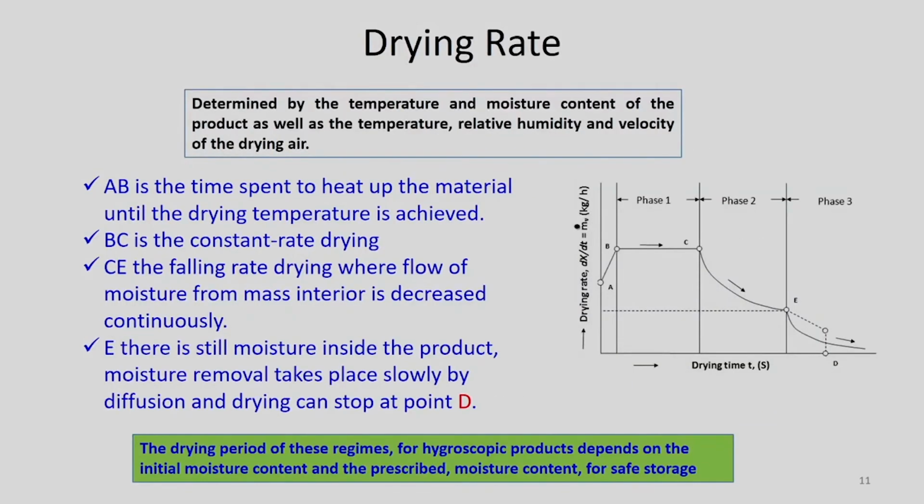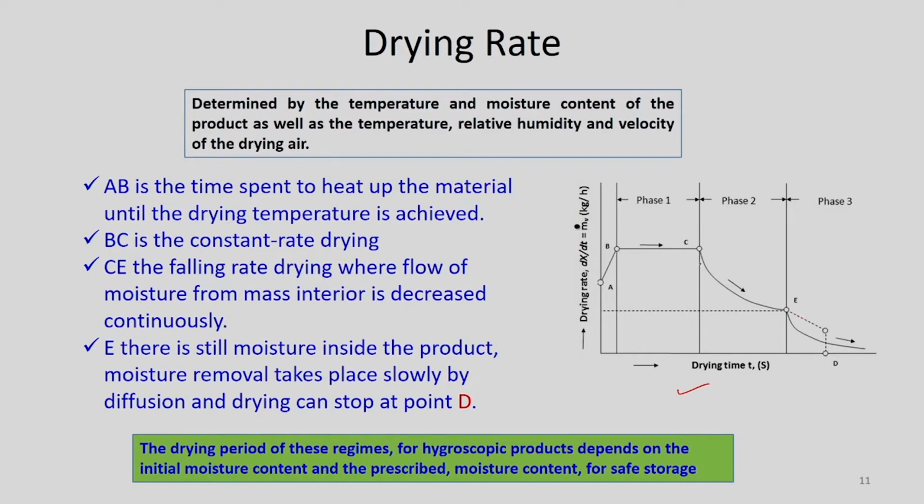Now, let us discuss drying rate, which is very important and is determined by the temperature and moisture content of the product, as well as the temperature, relative humidity and velocity of the drying air. As you can see here, this is a drying curve. So, there are different regimes A to B, B to C, C to E and E to D. Okay?